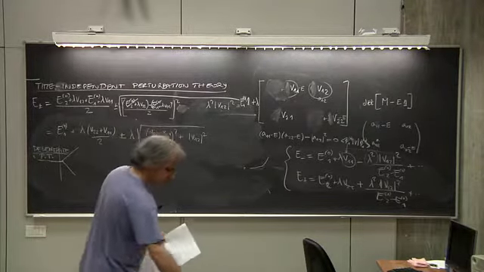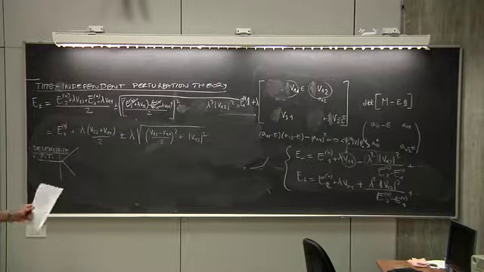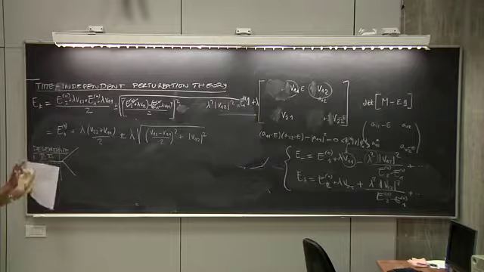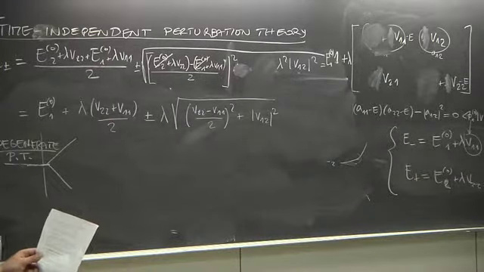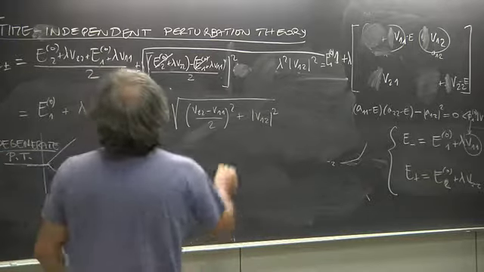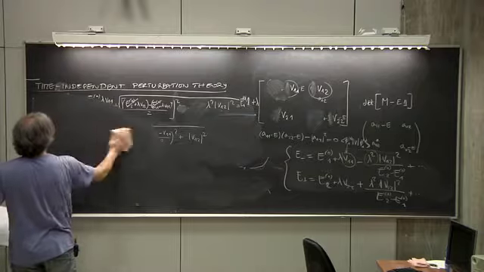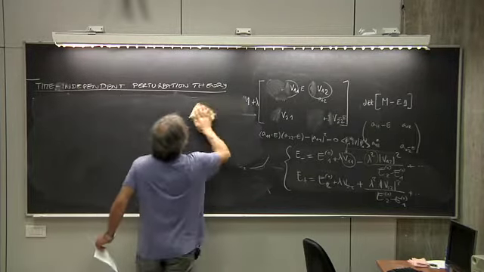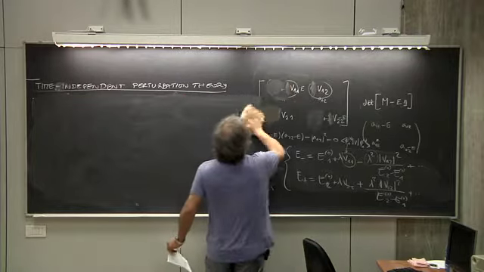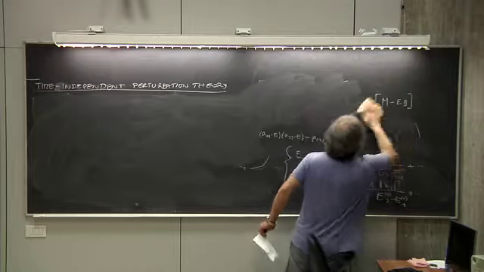So hopefully this 2x2 simple exercise gives you a picture of what is going to happen in the more general case. All right, so if there are no questions, let us start with a more general setup.